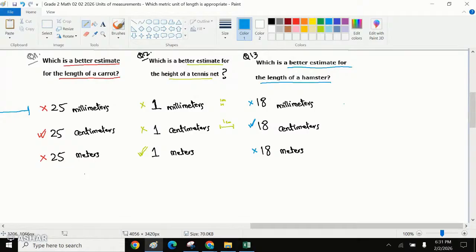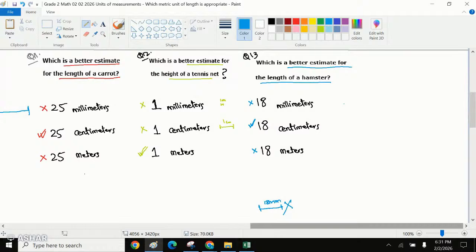No, millimeter would be very small. 18 millimeters is almost this length. Can you have a hamster this length? No, right? And centimeter is a better estimate, right? Agreed, Precious?